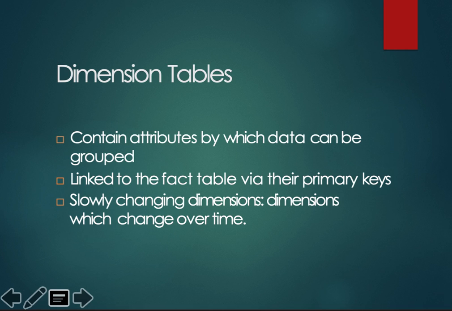Fourth is slowly changing dimensions, dimensions that change over time. This can be dealt with in 3 ways: either overwriting the old values, adding new rows to the table and distinguishing a record by version, and last but not least, adding new attributes to existing rows.